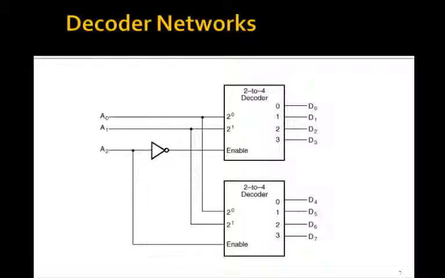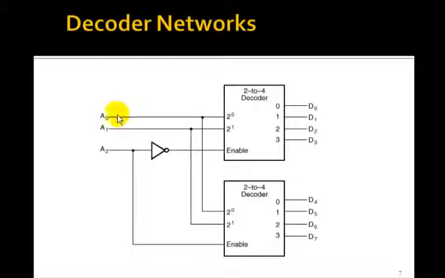This shows how you can make a 3 to 8 decoder from 2 to 4 decoders with an enable signal. Notice that A2 is connected to the enable of the second one, and then through an inverter to the enable here. So if A2 is 0, then this enable is 1 and this one 0. So these will all, say, be low, for example.